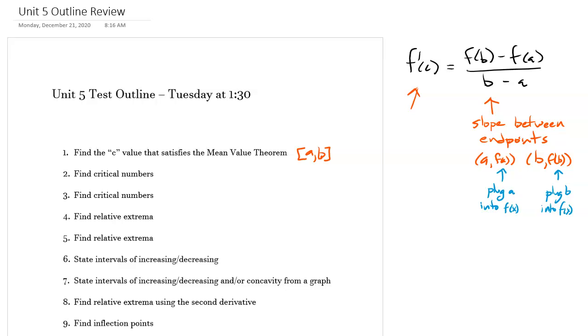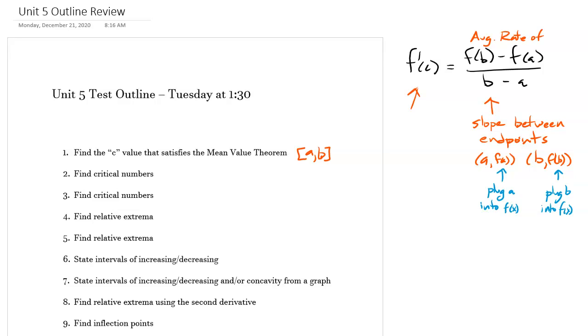Sam, what is f prime of C? Nope. So average rate of change is regular slope, like algebra 2 slope.